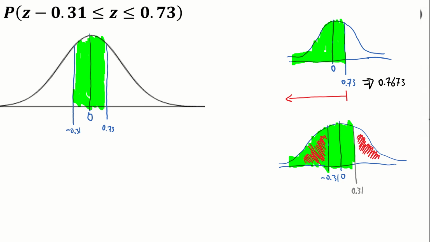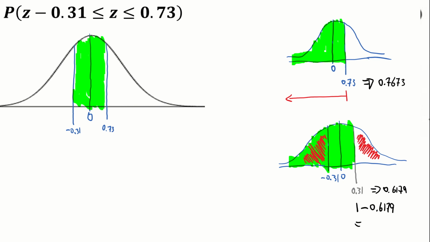So I'm going to find 0.31 in my log tables, which is 0.6179. In order to find the red area, I'm going to go 1 minus that, because I'm looking for that area just in red. When I take that away from 1, what am I getting?